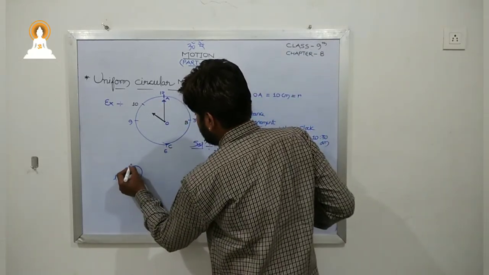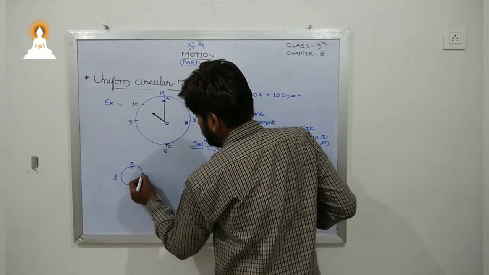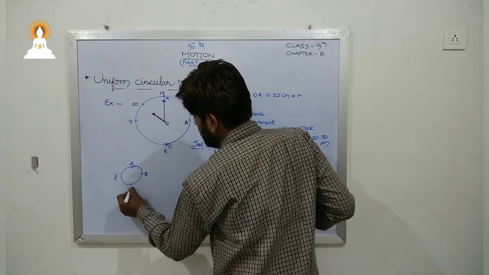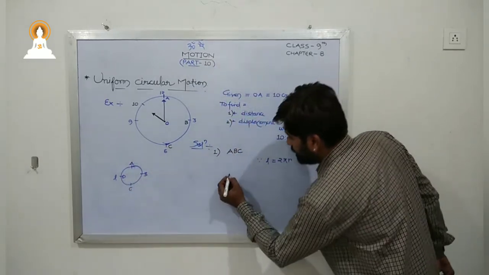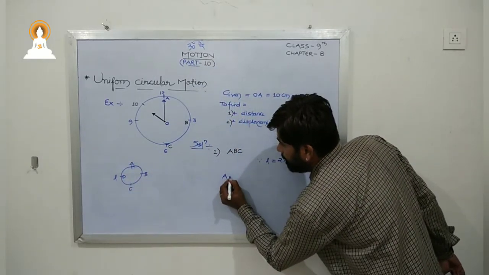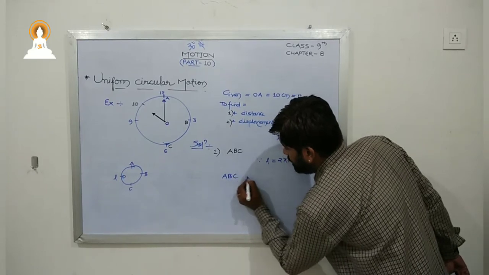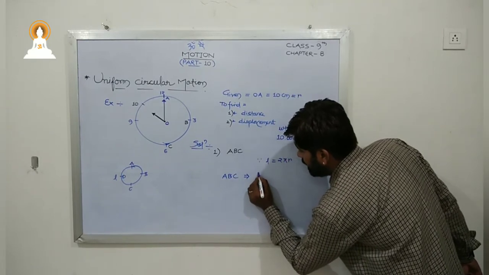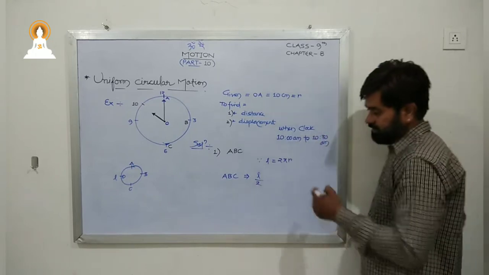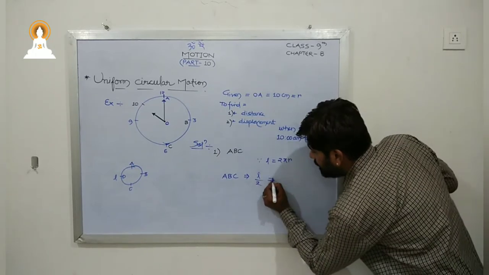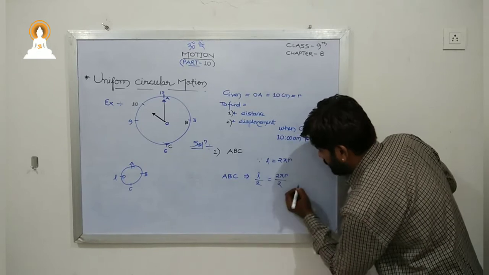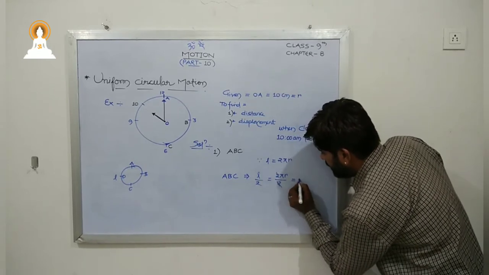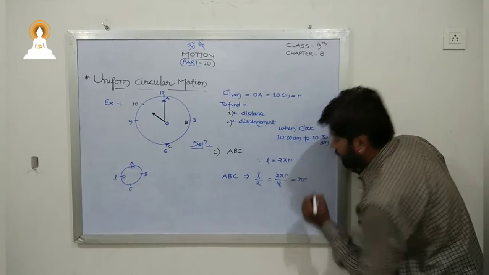If this point is A, then this point is B, C and D. So half of the part, A, B, C, is nothing but L by 2. If this is L by 2, then this will be 2 pi r by 2, so that will be pi into r.